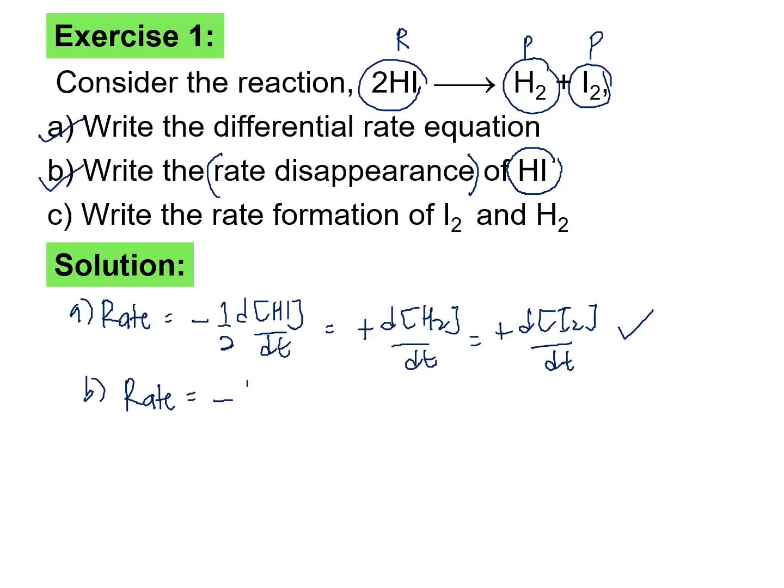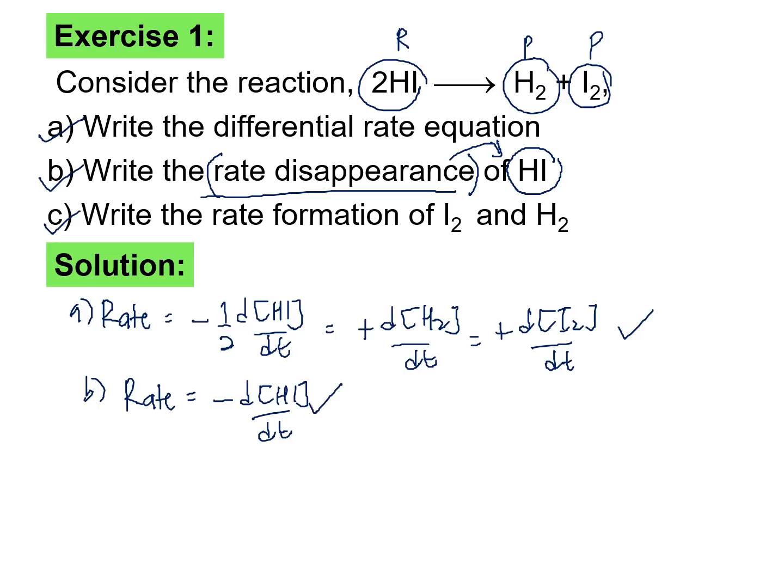Okay. Change in concentration of HI over dt. So di sini kita tidak perlu masukkan dia punya coefficient because expression rate disappearance ini hanya merujuk kepada satu spesies saja. That's why tidak perlu masukkan dia punya coefficient di dalam this expression. So this is your answer.